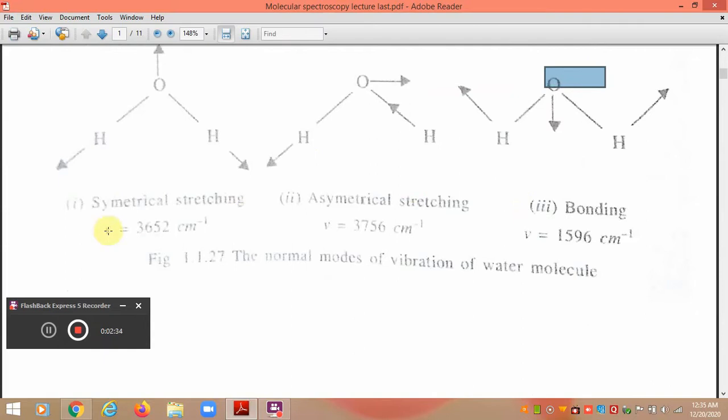If during the vibration there is a change in dipole moment, that mode of vibration will be IR active and it will show a spectrum in the IR region.